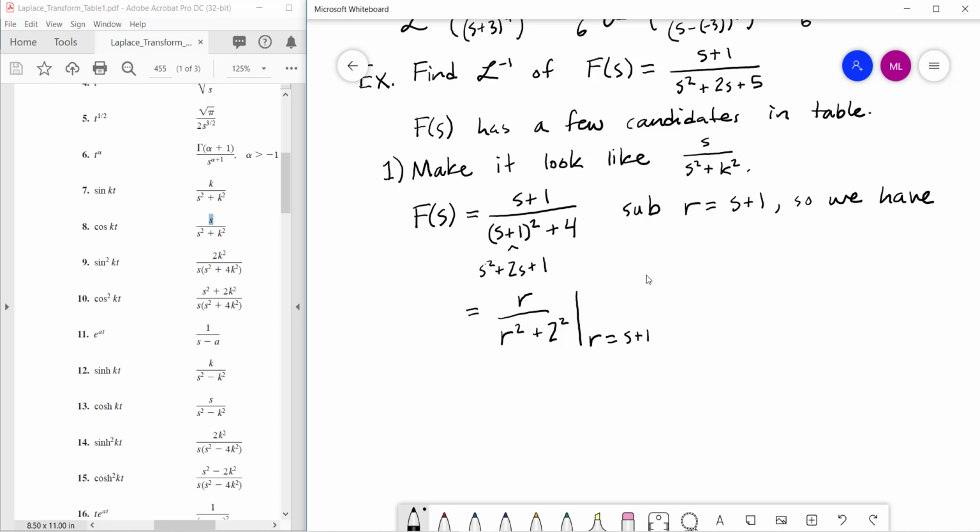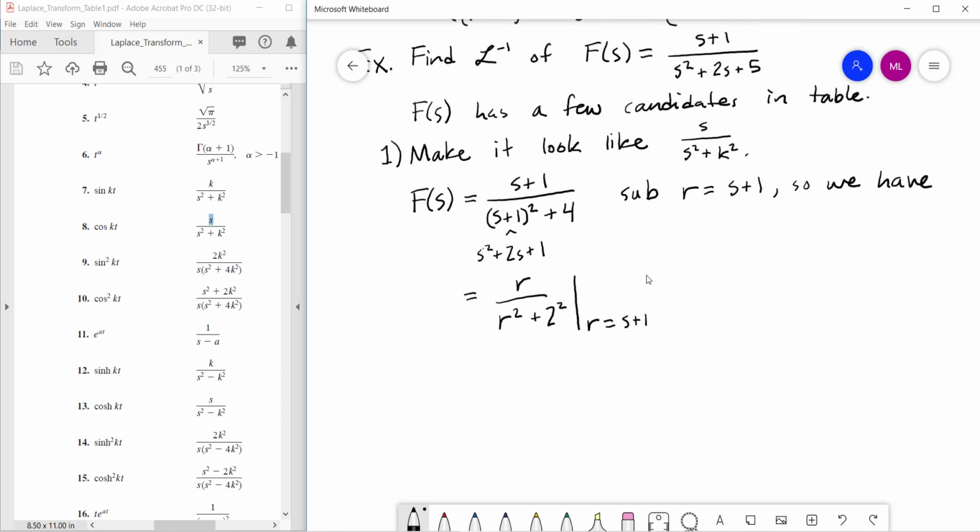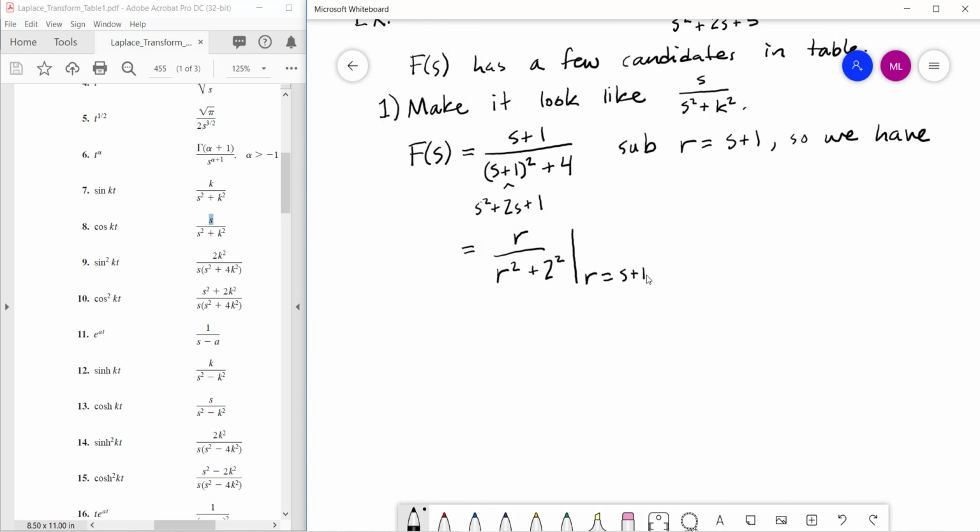It turns out that whenever we have a shift like that, there's something we can use in our table. So the shift, let me write this out. We've basically shifted our variable. r is just a shifted version of s, right? We've added a constant to it.